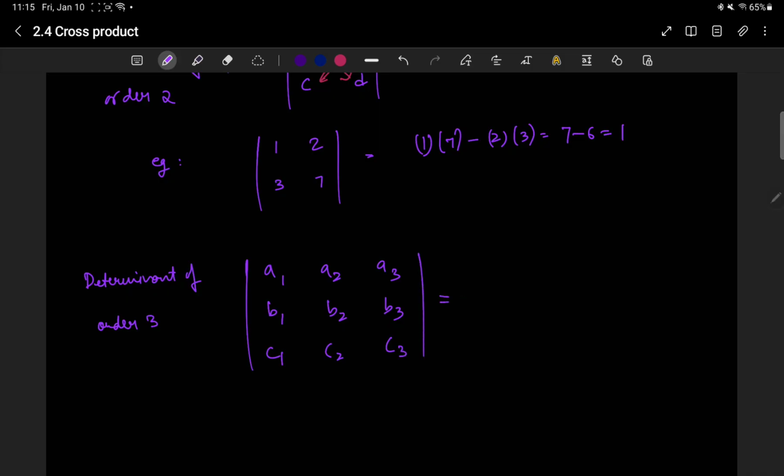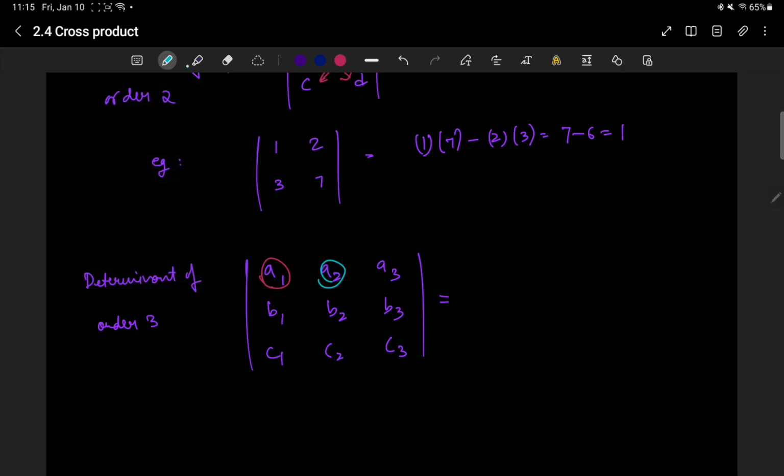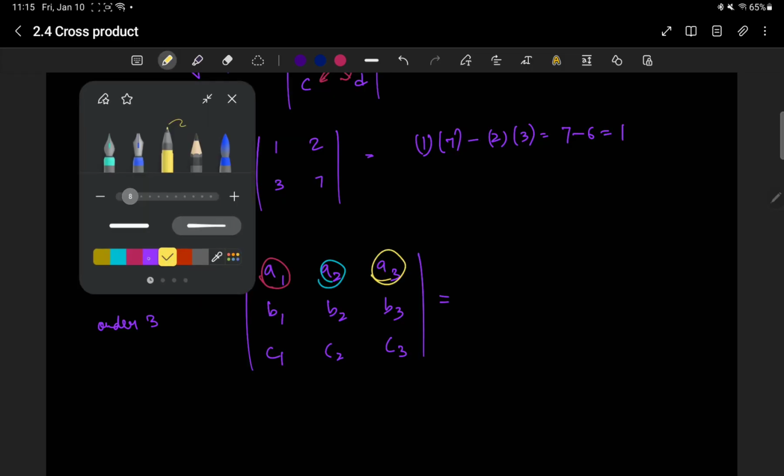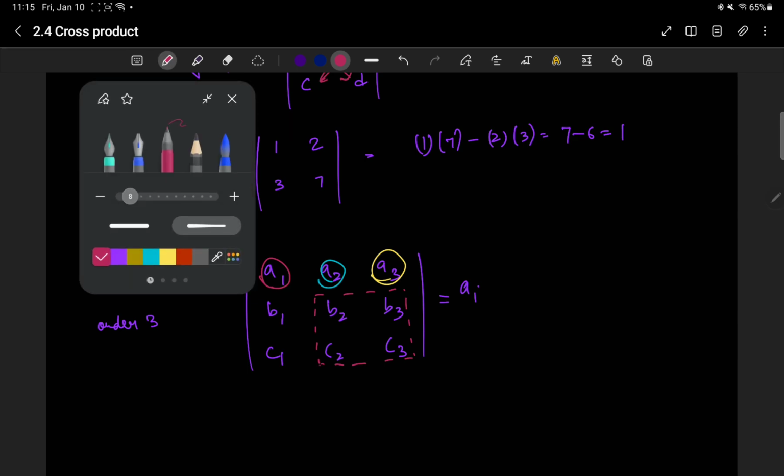Then this is defined as, what you do is, we use each one of these and we break the entire thing down into, so we go A1 times, remember the determinant is a number, so A1 times, if you remove A1, then this is the part of the matrix associated with A1.